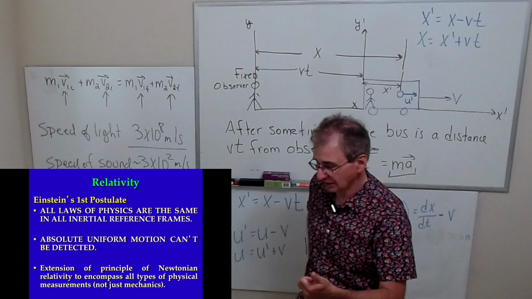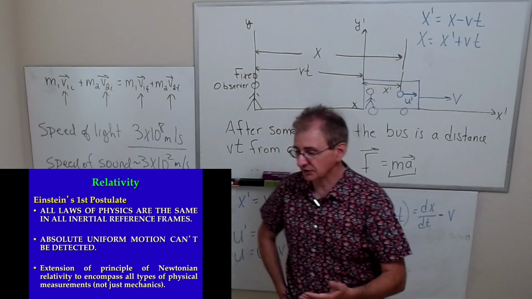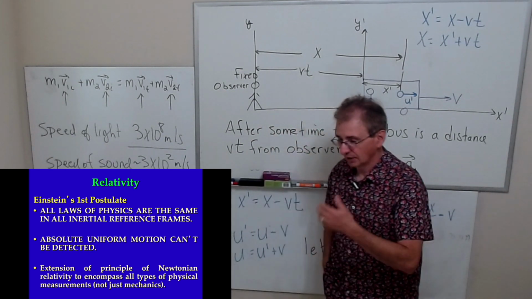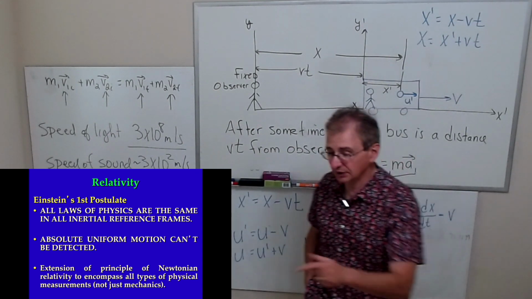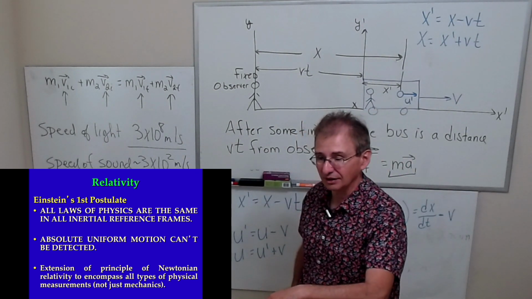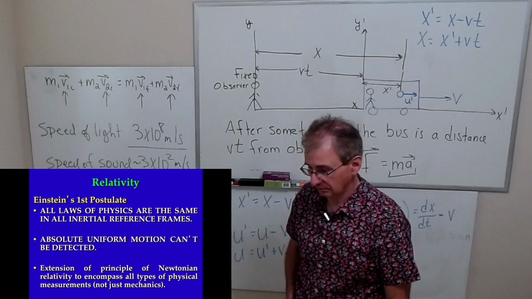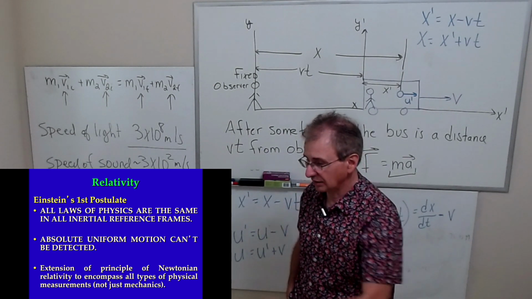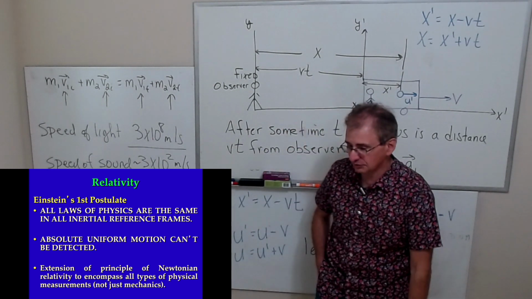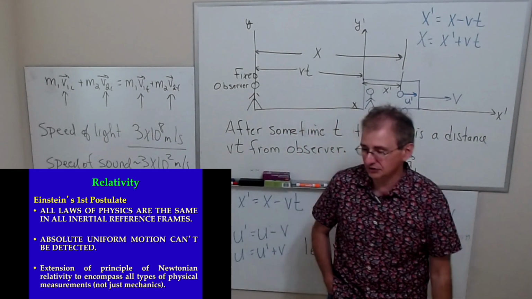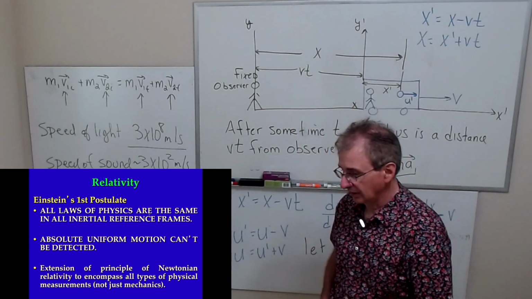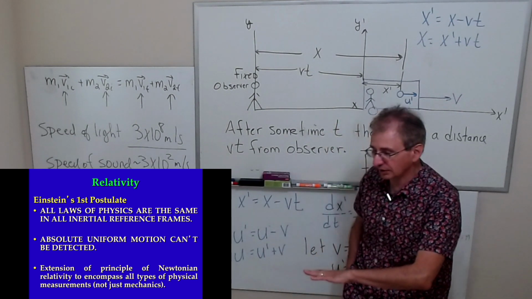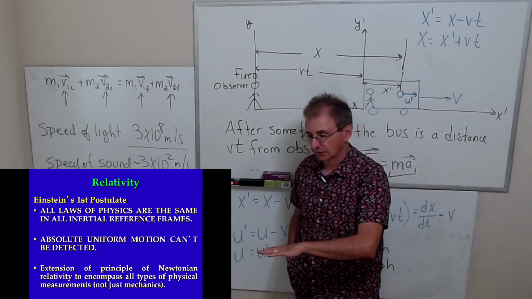Absolute motion can't be detected. See, with the idea of the ether, there's an absolute reference frame. He said, let's assume there's no absolute reference frame. He extended the principle of Newtonian relativity to electricity and magnetism.